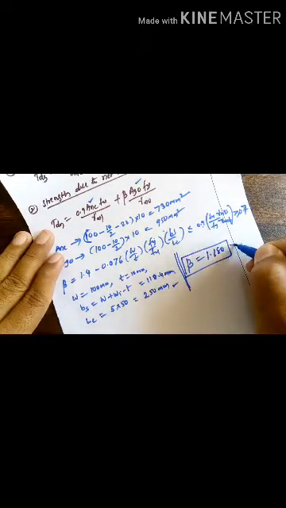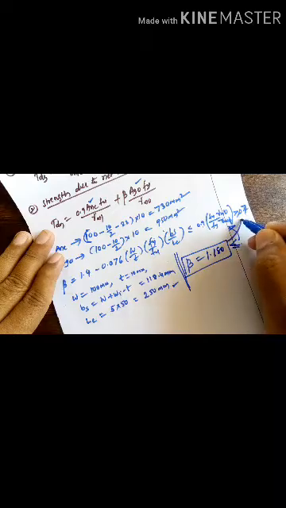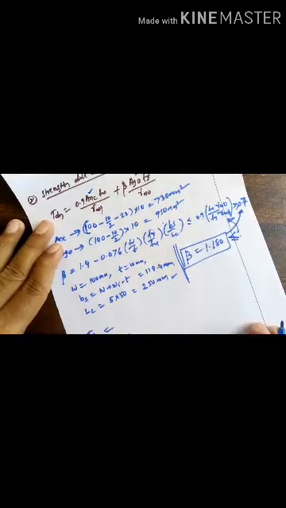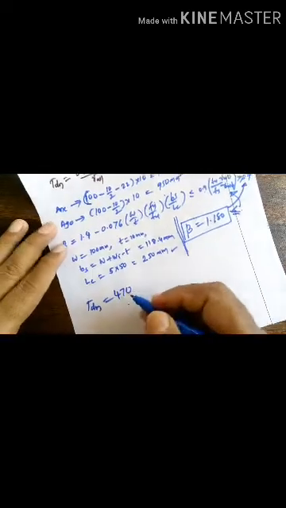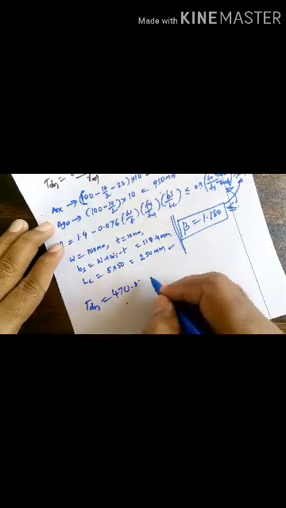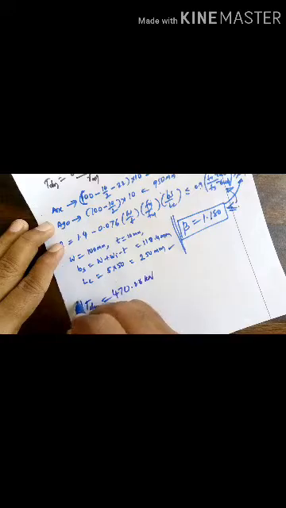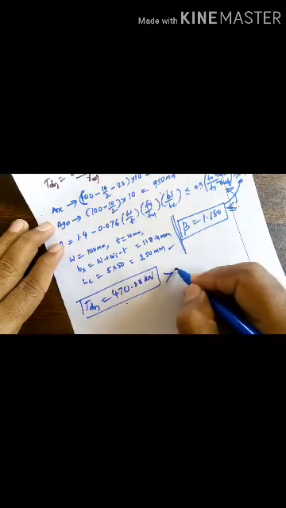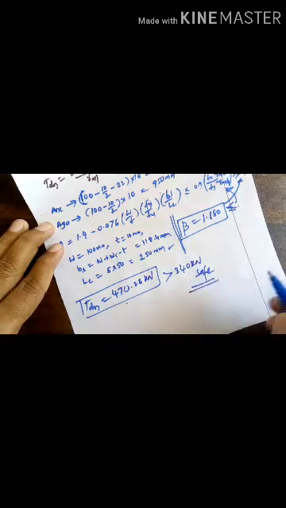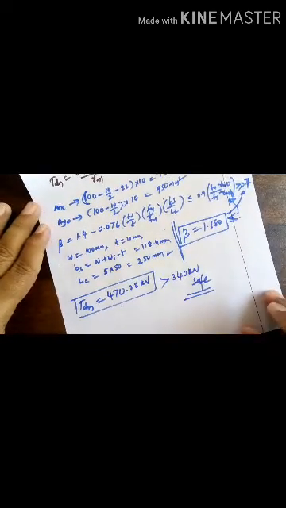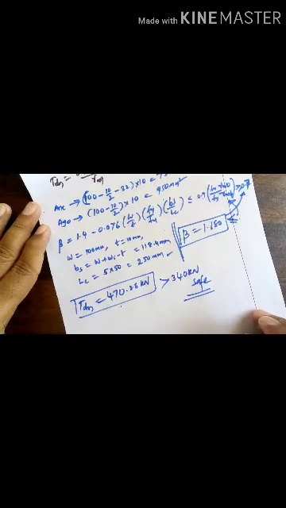This should be less than or equal to this value, and this should be greater than this value. Then substitute all in the above TDN equation, we get TDN as 470.26 kilonewton, which is greater than 340 kilonewton. Again, it comes to the safer side. It is safe.